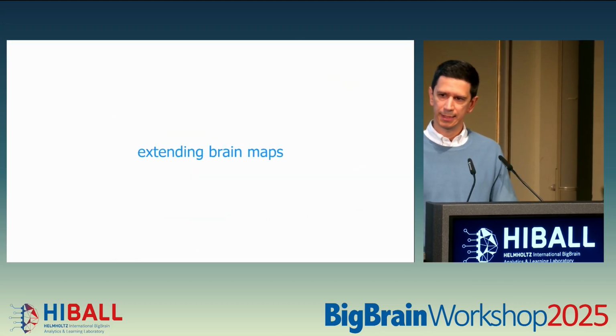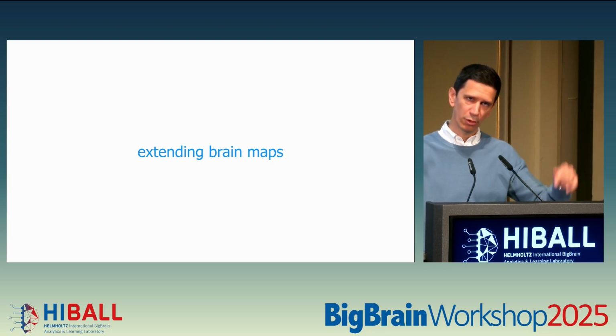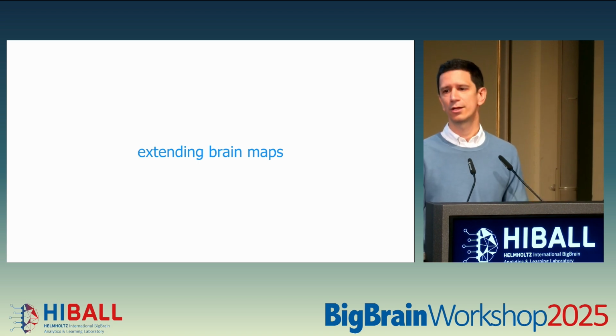Okay, so everything that I've set up until now revolved around this idea, okay, we're going to take the brain, and we're going to just drill deeper and get more and more info for all areas. But you can also think about extending the canvas and going into bigger maps.